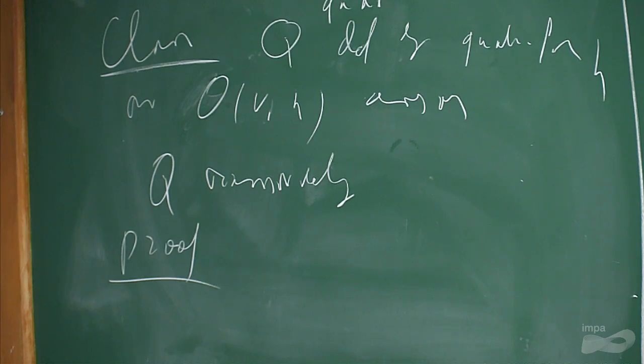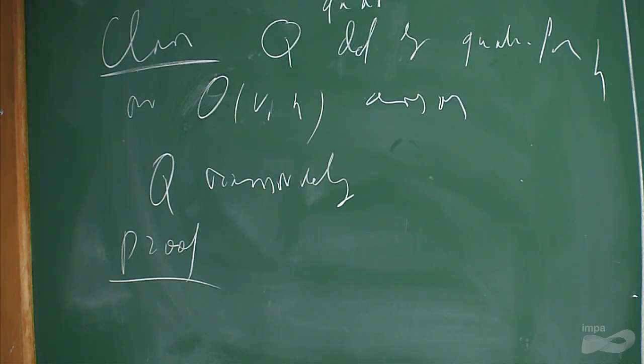To prove it, you start with a vector v inside V. In fact, it acts not only on the quadric but on its cone as well, so I will prove it even on vectors.